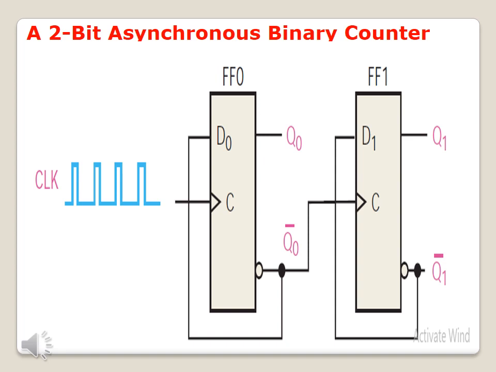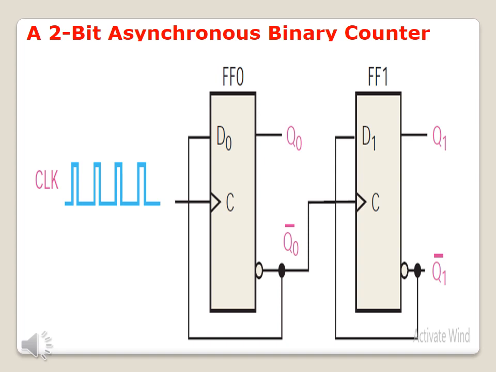Okay, now we will see the 2-bit asynchronous binary counter. For a 2-bit counter we take 2 flip-flops. As we already discussed, for toggle mode of flip-flop, we can use the T flip-flop or the JK flip-flop.